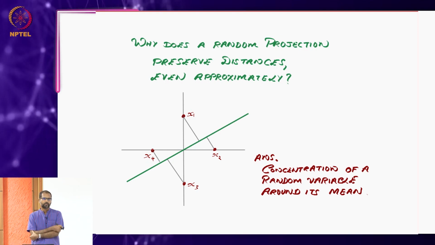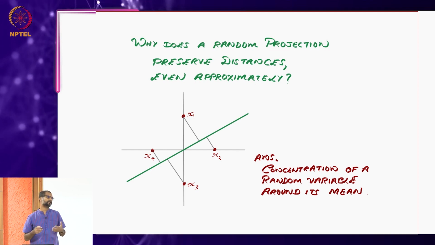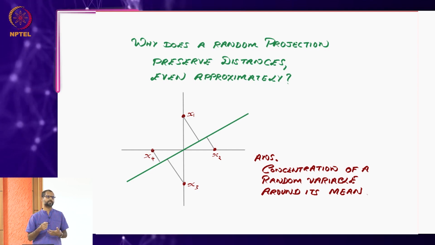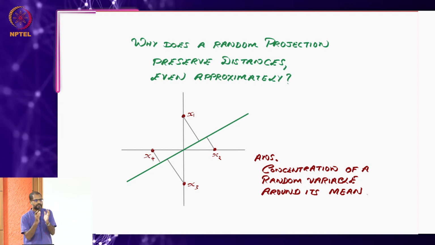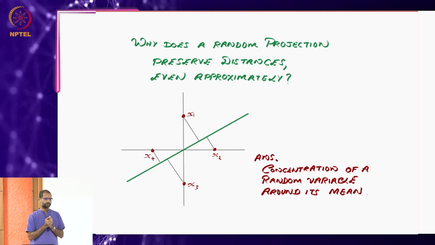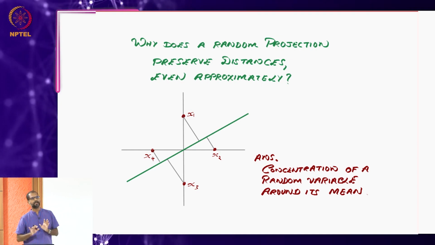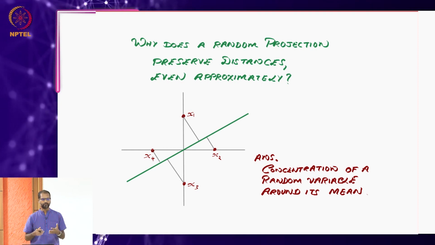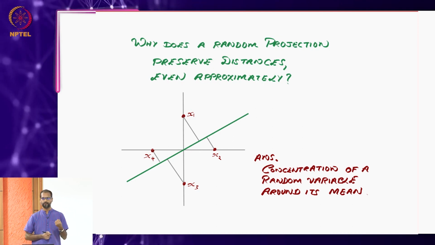And the one line answer to this is that it is really something very similar to a law of large numbers. When you average a lot of things, the result tends to concentrate around the mean. So, the entire reason for this happening is a concentration of measure phenomenon.